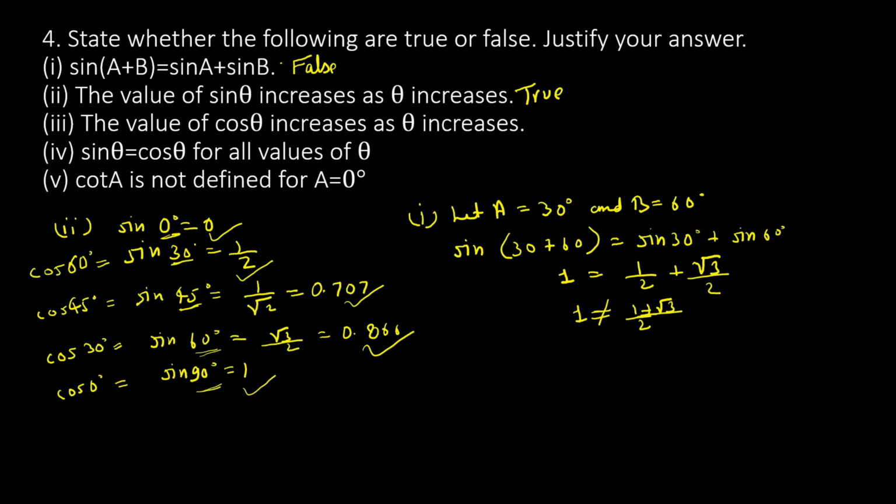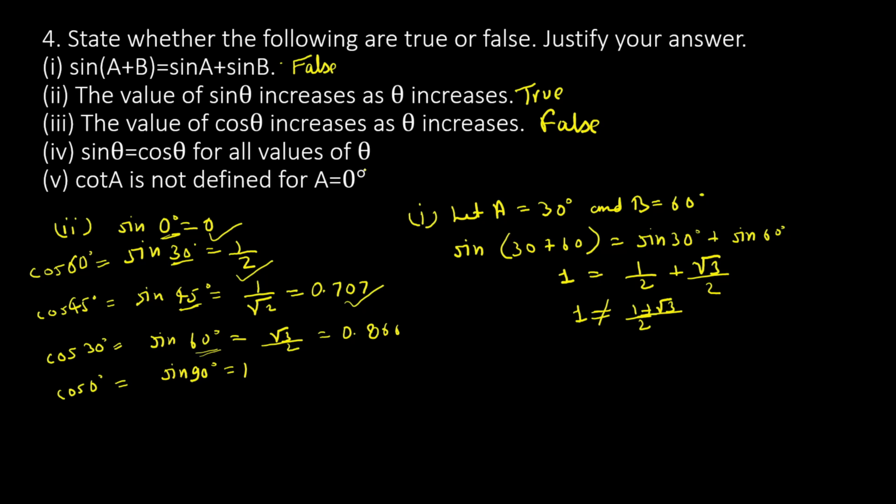In this case you can see that as theta increases, the value of cos theta is not increasing, it is reducing. The value of cos theta decreases as theta increases. So this statement is false.